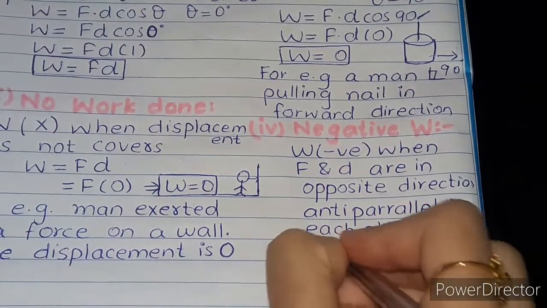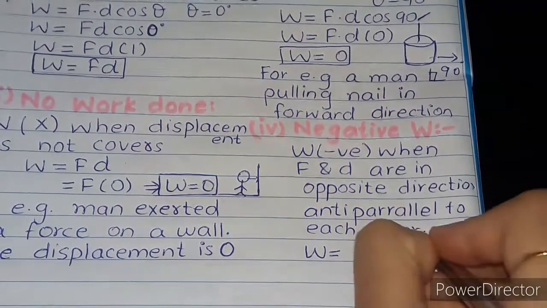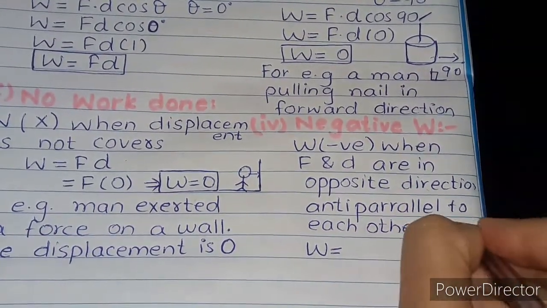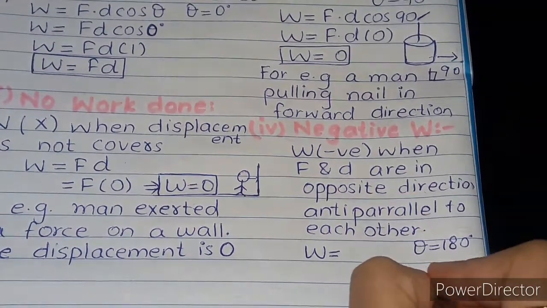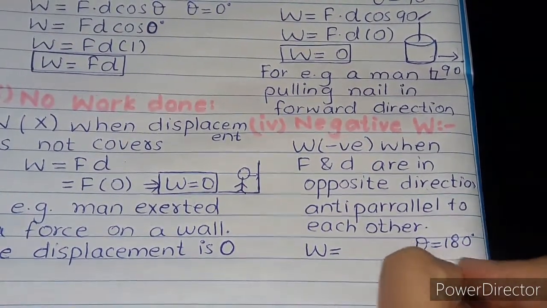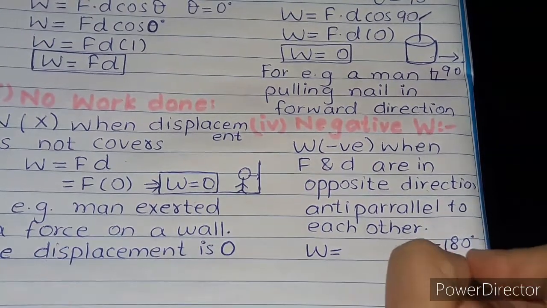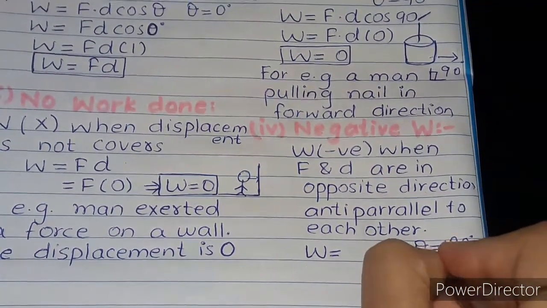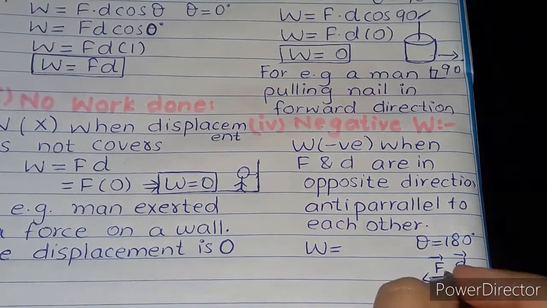So theta here is 180 degrees. Here is the force and here is the displacement. So they are anti-parallel to each other, making an angle of 180 degrees.